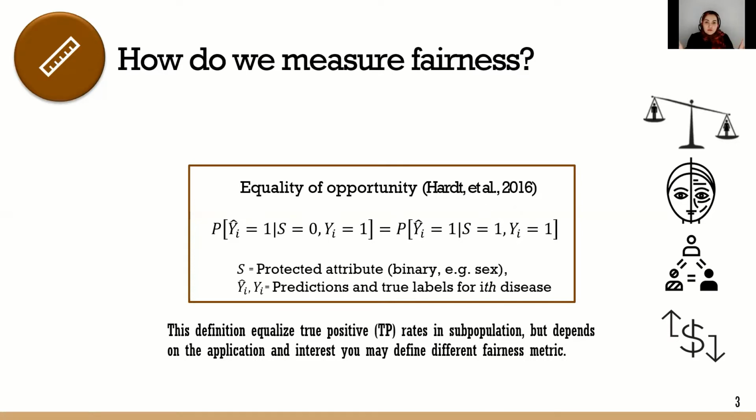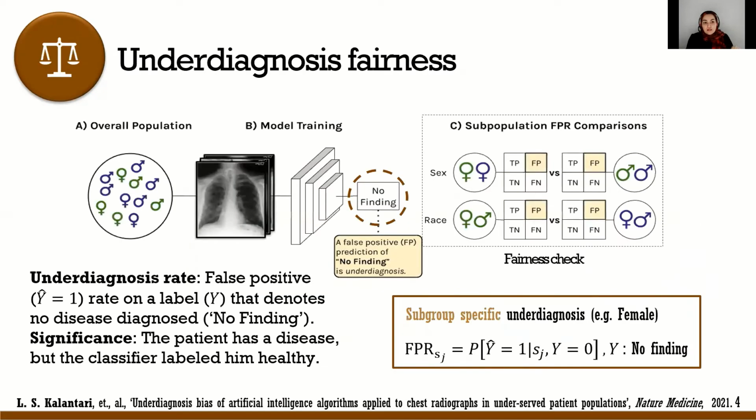And that's one type of defining fairness and investigating in your dataset whether this condition is satisfied or not. For instance, in medical image classifiers, we were interested in underdiagnosis rate. Underdiagnosis rate is the false positive rate in no finding. It means that the patient has a disease, but the classifier reports the patient as healthy.